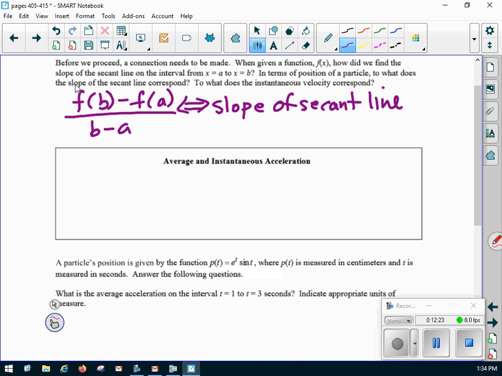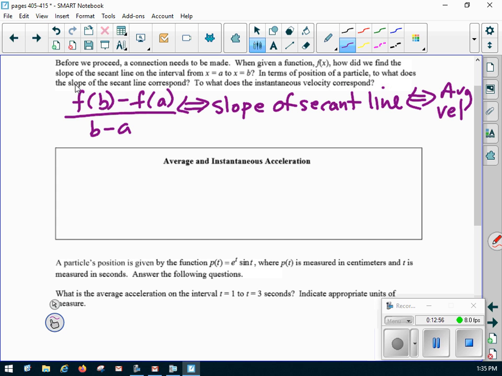Which also, now we're going to consider that also to be the what? The average velocity. In terms of position of a particle, to what does the slope of the secant line correspond? We said average velocity.